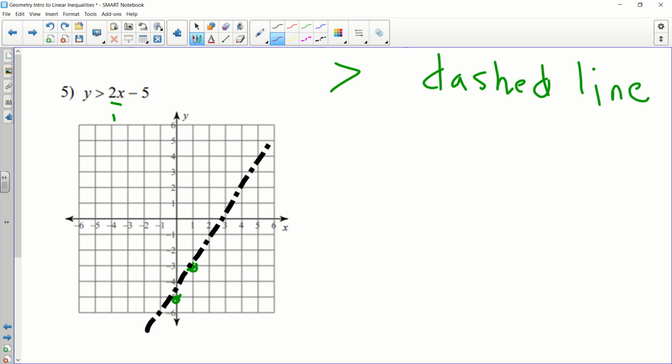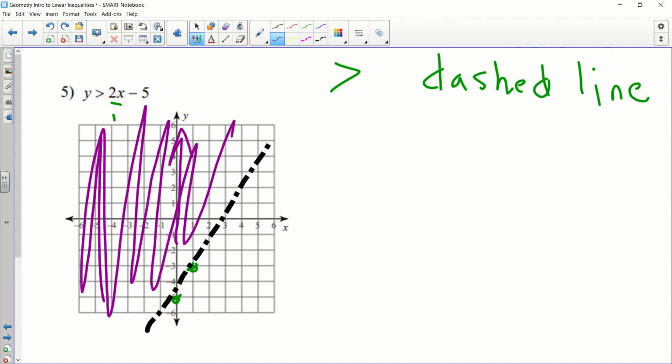y is greater than this line. So the values of y that are going to be bigger are going to be in that direction. So I'm going to want to shade all of this area over here to indicate my solution set. I'll go right back to the easiest point to check, which is 0, 0.